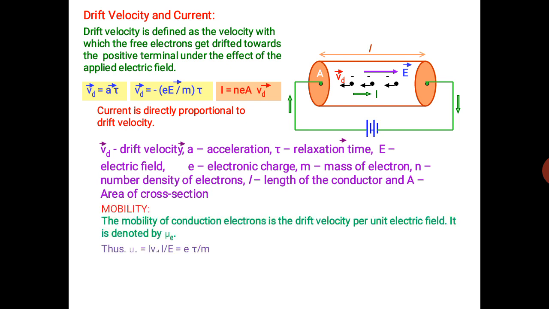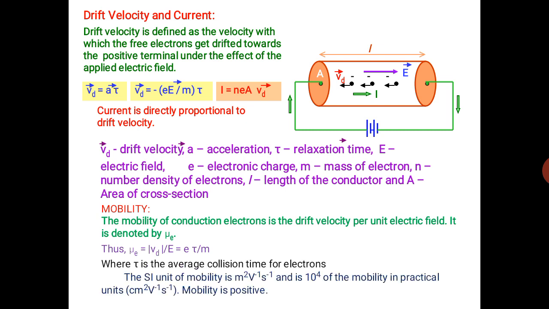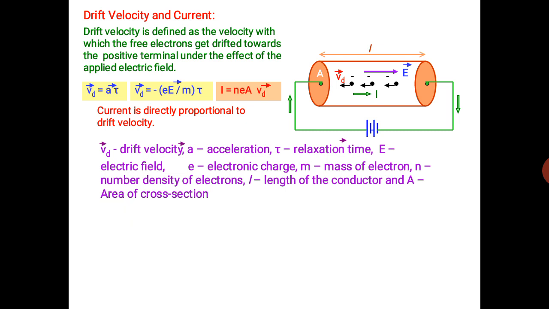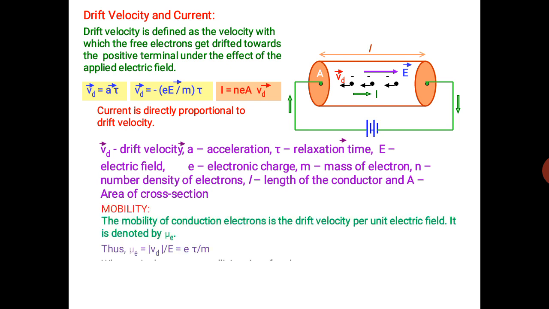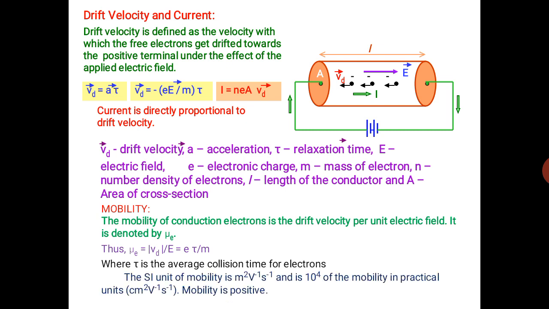Now let us discuss one more term, mobility. What is mobility? If you apply the electric field, the electron will get drifted. This drift velocity per unit electric field is called mobility, and it is denoted by the symbol mu e.